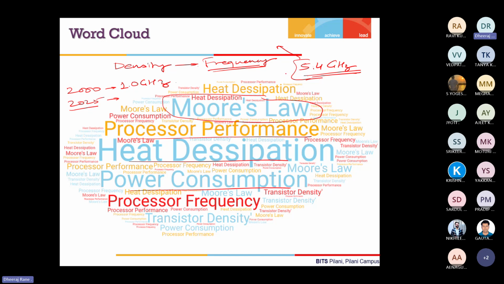For the same reason, ultimately, if you keep on increasing the frequency, the heat dissipation and power consumption will increase. So if you are limiting the cores, then it will be okay to go for a higher frequency like 5.4 gigahertz.